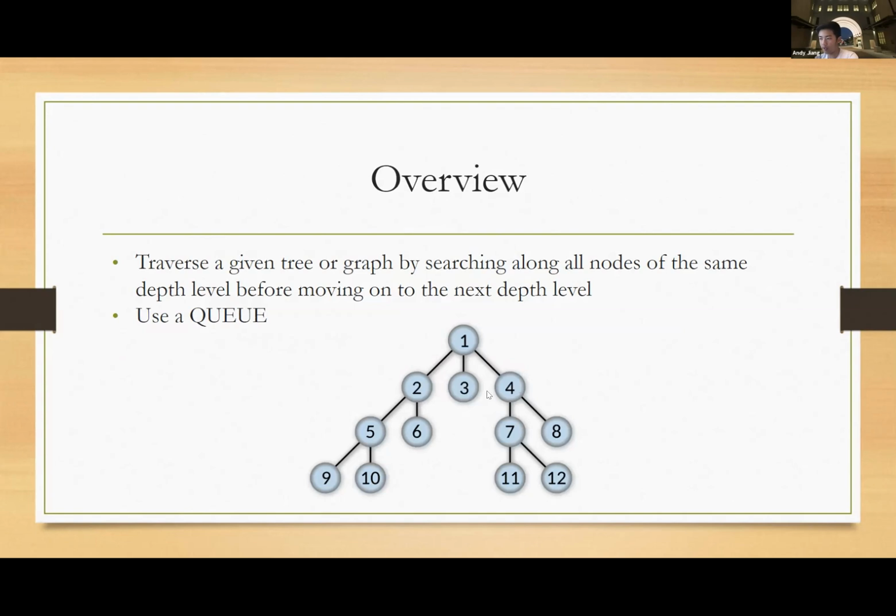Elements are in the same layer if they have the same distance from our arbitrary starting vertex. So like 2, 3, and 4 are each one edge away, which means in our BFS, we would first go to 1, then 2, 3, 4, then 5, 6, 7, 8, 9, 10, 11, 12.